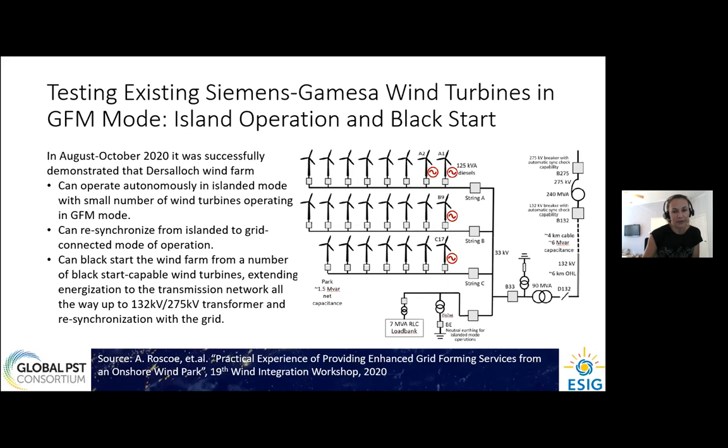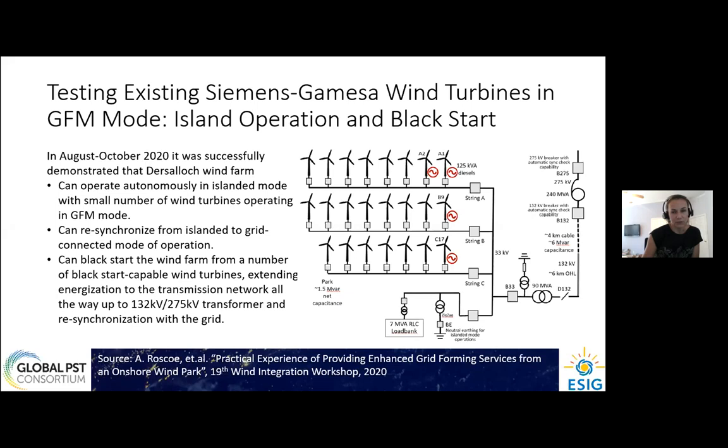They could have used batteries here as well to power up turbine auxiliaries, but it would have taken longer to figure out control systems. So as a proof of concept, they used small diesels. For comparison, the diesel is 125 kVA, and each wind turbine is 3.4 MVA, so it's small compared to turbine size.